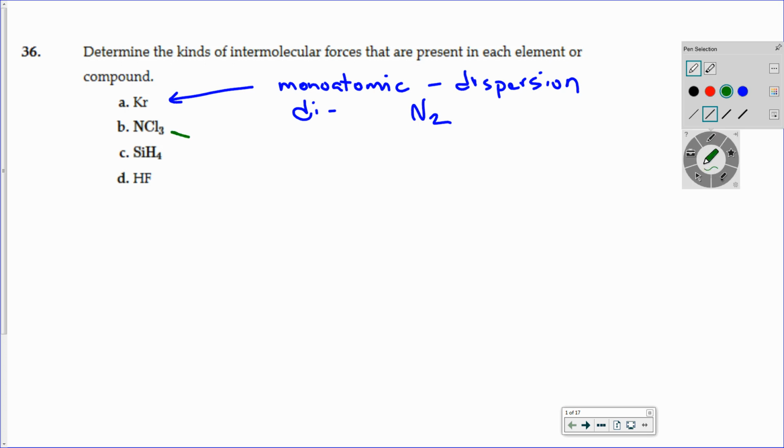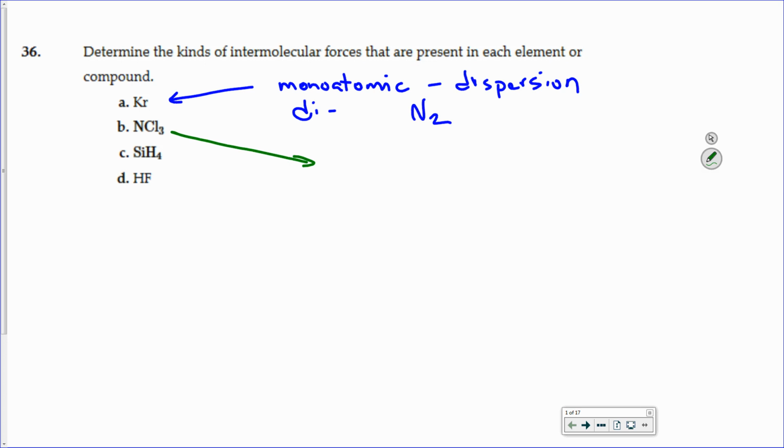Let's look at NCl3. What I need to know now is the Lewis structure, and then how the charge is separated in that compound. Nitrogen's common bonding pattern is that it wants to have 3 things bound to it, and it's got a lone pair of electrons.